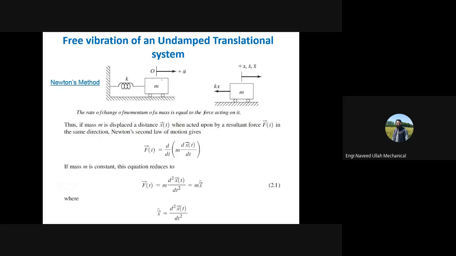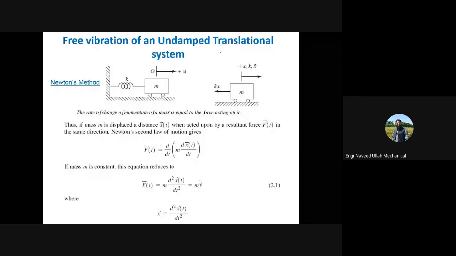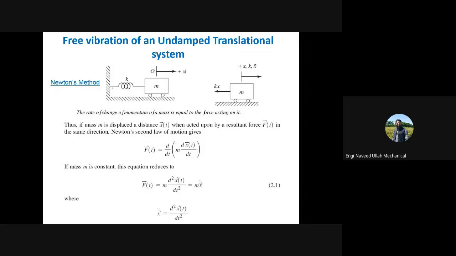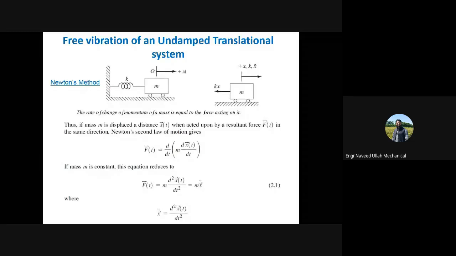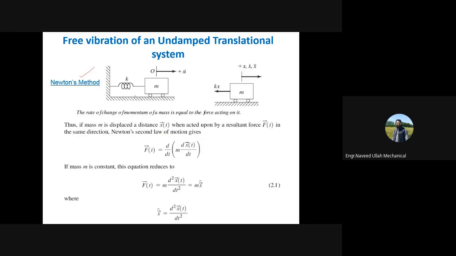नाउ आफ्टर दैट let us look at this free vibration of an undamped translational system. So as I told you how to find out or derive the equation of motion. So we are using first this Newton method, ठीक है, and you look at this thing. So यहाँ पे आपके पास the same mass is there and it is rested upon the horizontal surface with rollers. This means that actually there is no force of friction, or we are neglecting the force of friction.